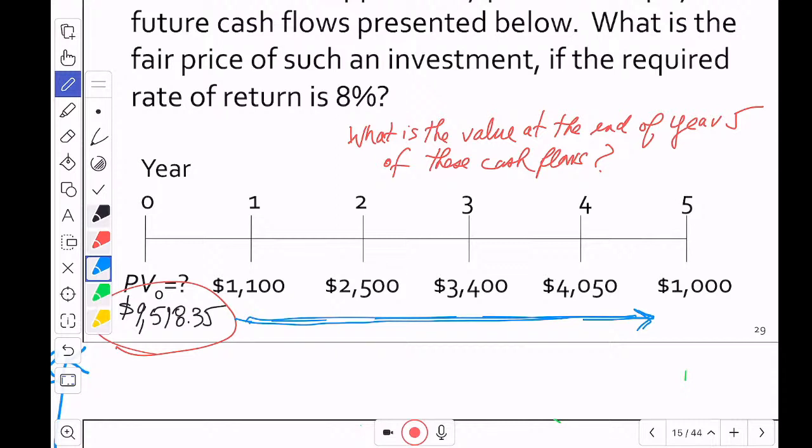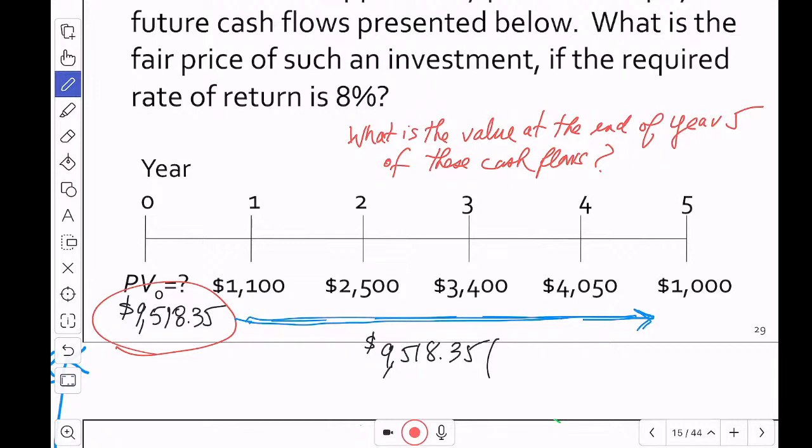You can use your calculator. So the formula is, I'm just going to take it like this, but in the future I'll ask you to keep all the decimal places.